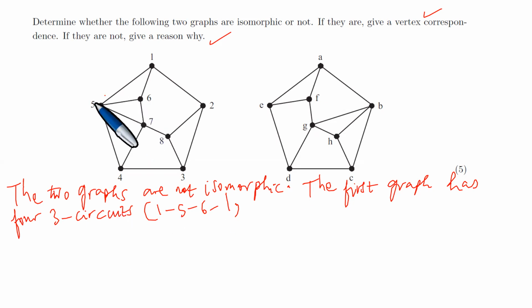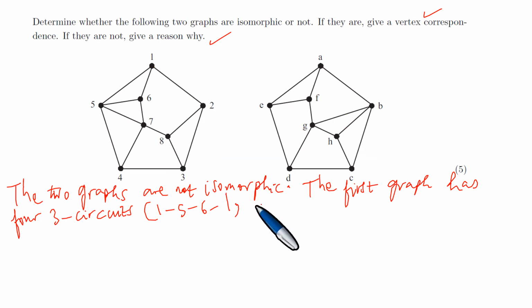So that is a 3-cycle: 1, 5, 6, 1. Let's look at another 3-cycle to see if they have the same 3-cycles. 3-cycles will be the easiest ones to compare first, because there are many triangles in this case.